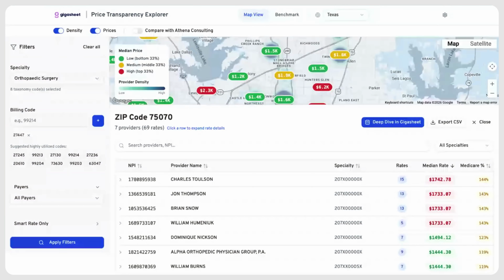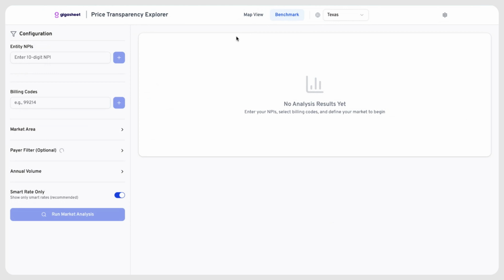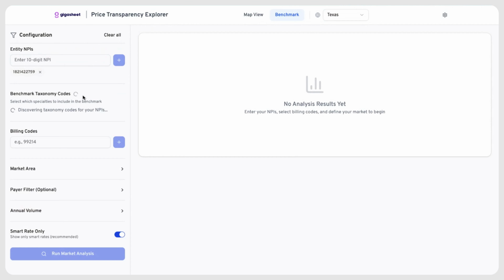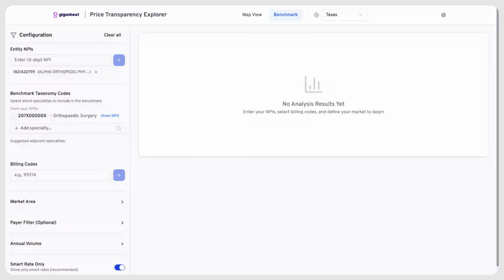So we're going to flip over to this benchmarking workbench. This is useful for providers if you're looking to benchmark yourself or a group of competitors, or if you're a payer working on network development and you want to know what the going rates are. Maybe we're expanding into this market and we want to understand what kind of rates are out there.